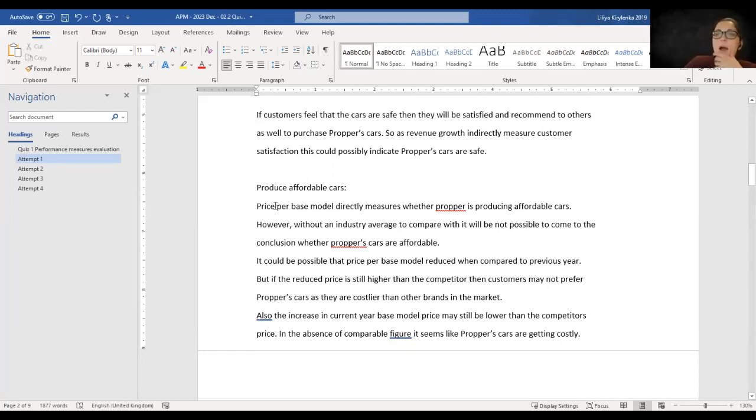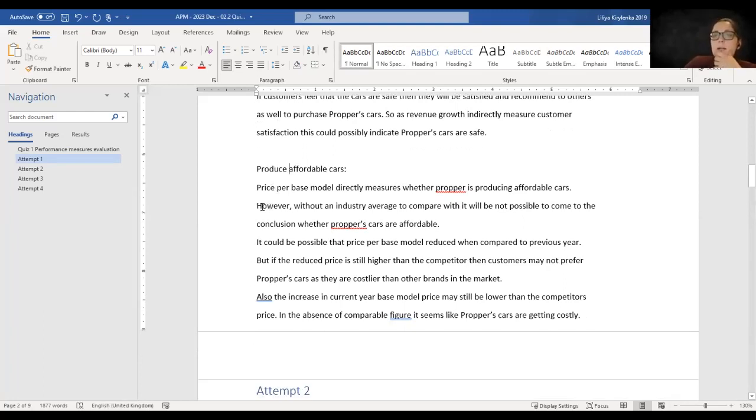Produce affordable cars. What I would like to change a little bit is the name of the caption. So it has to sound like a report. So instead of writing a verb, consider writing safe cars production. So we have to make these headers noun-based.